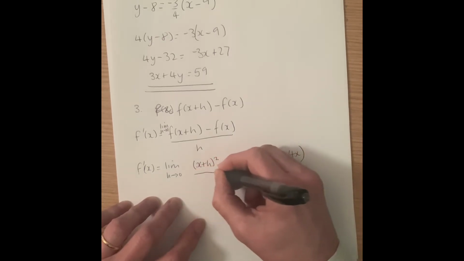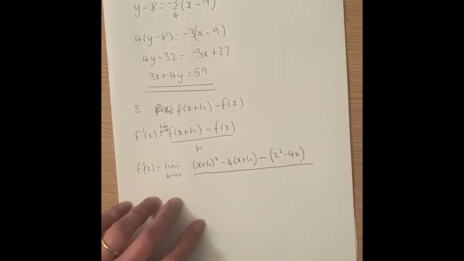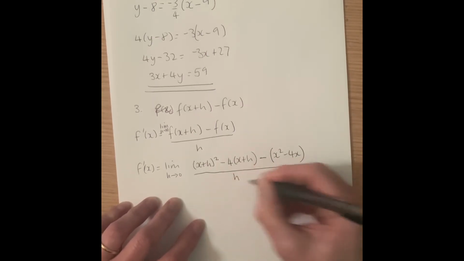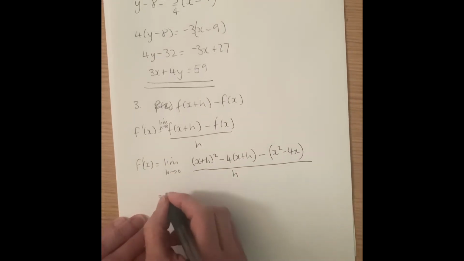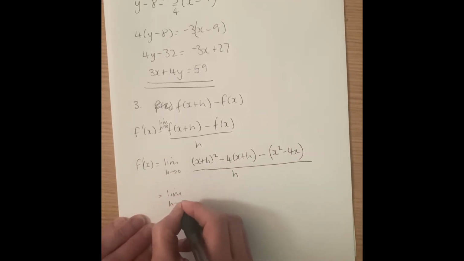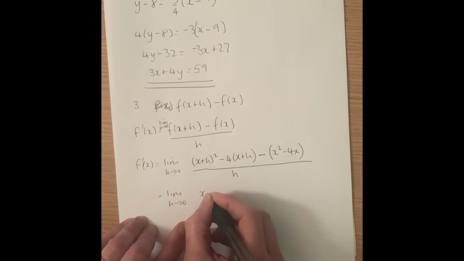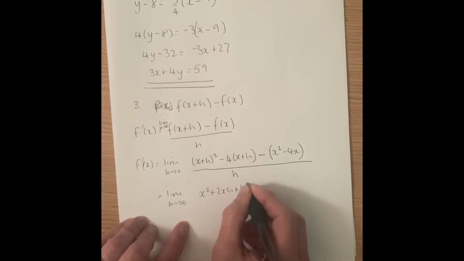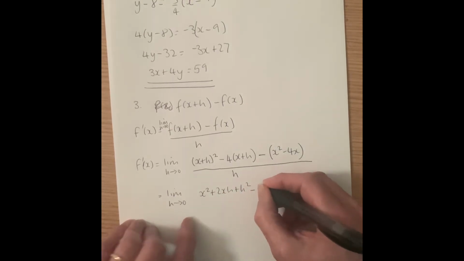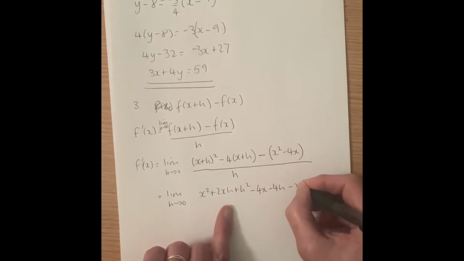So people that lost marks here, it was because they hadn't put the bracket in. So really important. So that's all over h. So we're now going to have, if I expand my x plus h squared, I'm going to have x squared plus 2xh plus h squared minus 4x minus 4h minus x squared plus 4x.